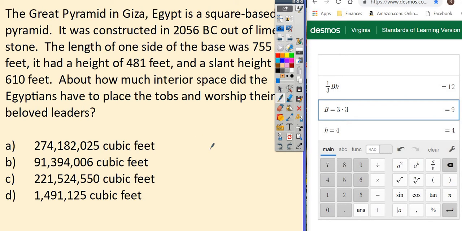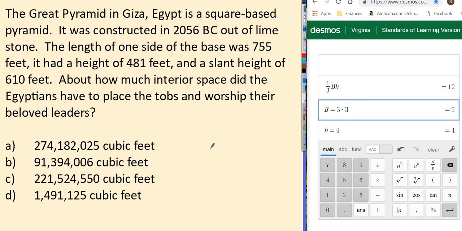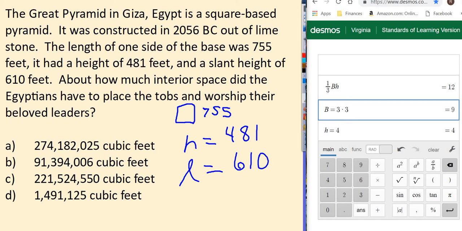All right, next thing. It says the Great Pyramid of Giza, Egypt, is a square-based pyramid. It was constructed in 2056 BC out of limestone. The length of one side of the base is 755, so a side. So if we have a base here, it's 755 feet on one side, so that means every side is 755. It has a height of 481 feet and a slant height of 610.